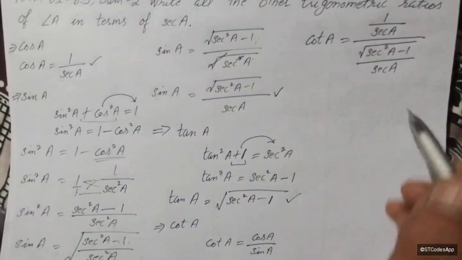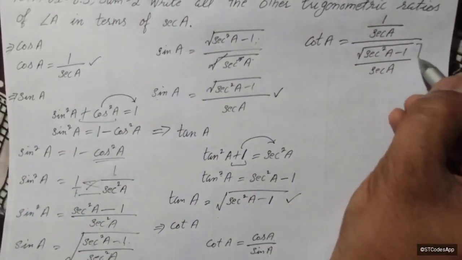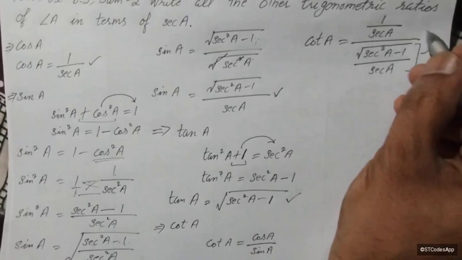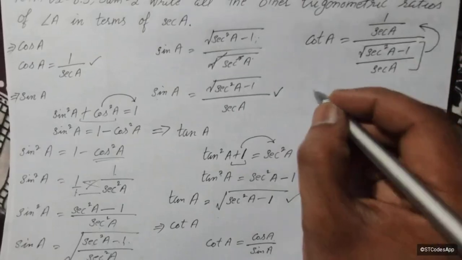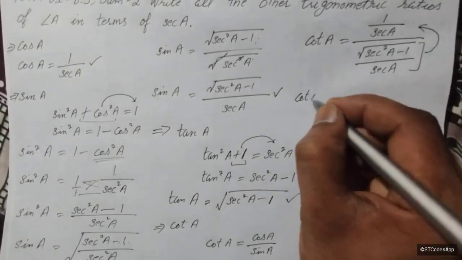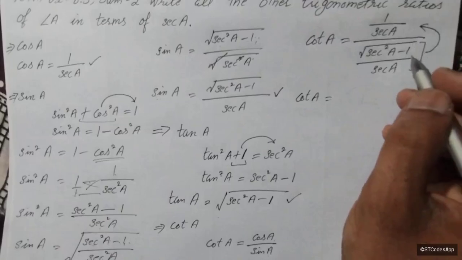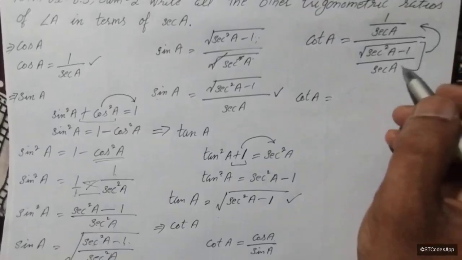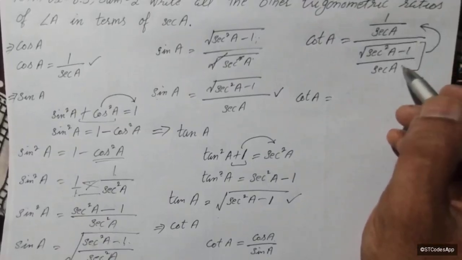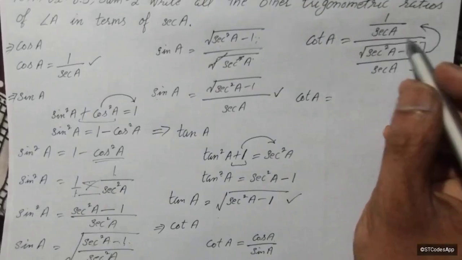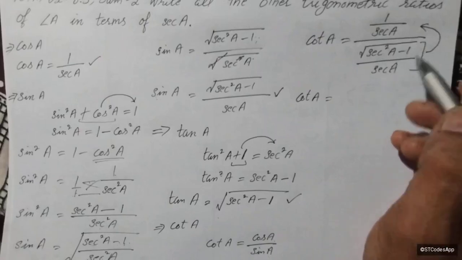Okay, now if we want to shift this part in front of this one, what will we do? Cot A is equal to, it will go in front of this, but upside down: which is downside will go up, which is upside will go downside.